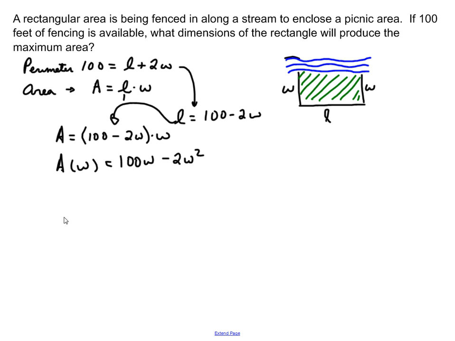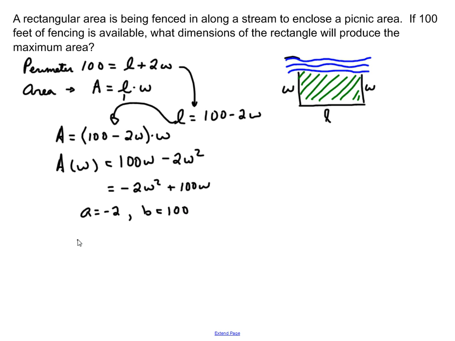And lo and behold, we have another parabola. So we're going to be looking for the vertex of this parabola. In this case, our parabola is of the form negative 2 times W squared plus 100 times W. So let's pick A for our formula to be negative 2, and B for our formula to be 100.